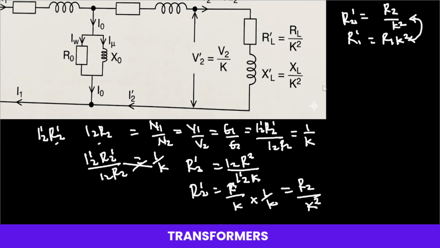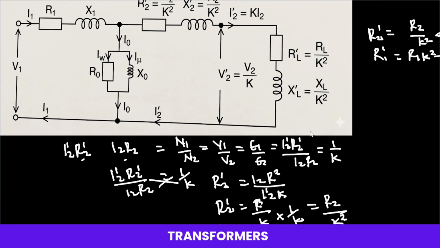Now let's find the equivalent resistance as referred to the primary, which of course is the same as R01. Okay. Now, when we say equivalent resistance, that means we are talking about the total resistance within a particular circuit.